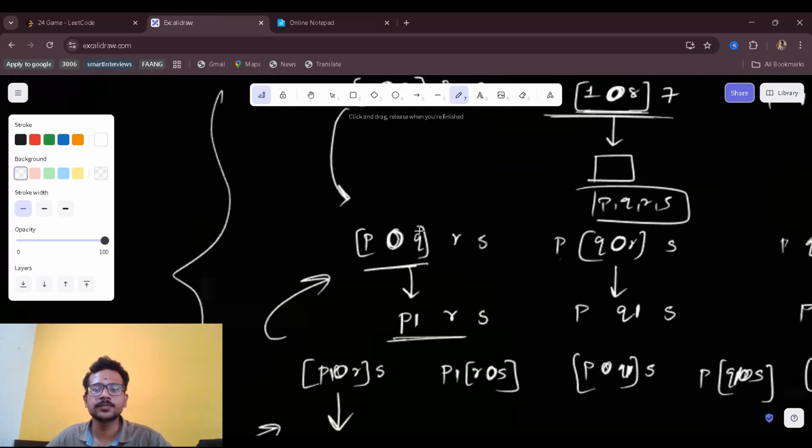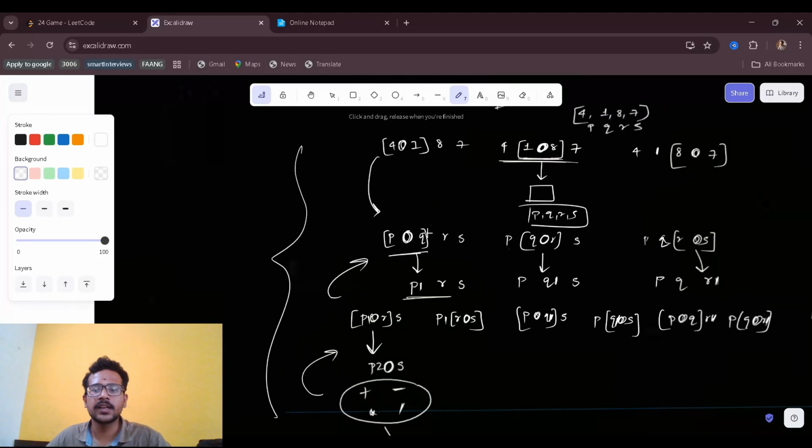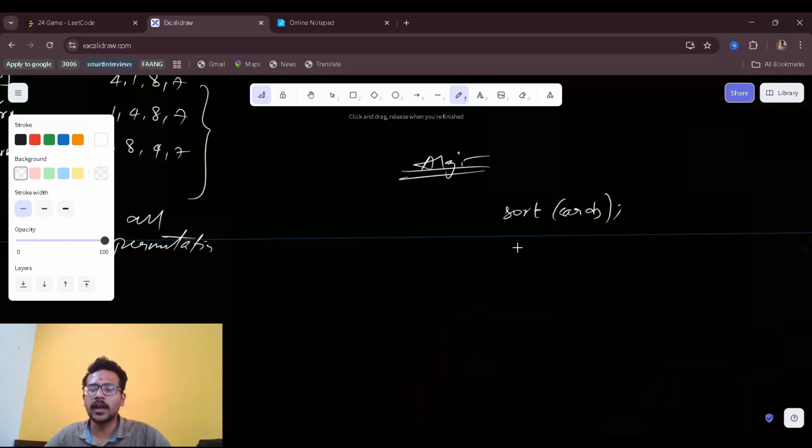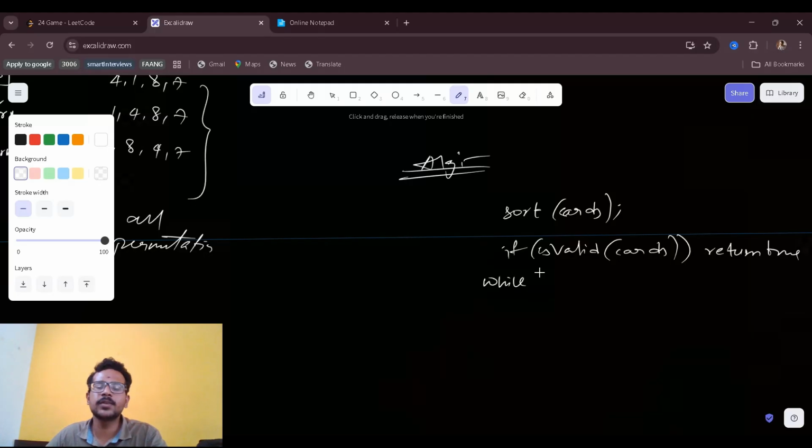So here, what I'll do is, let me just write the algorithm for this. Firstly, let us sort the cards, right? And why? First thing, if it is valid, I'll tell you how this will be validated, so return true. Now, in C++ STL, we have next permutation of cards.